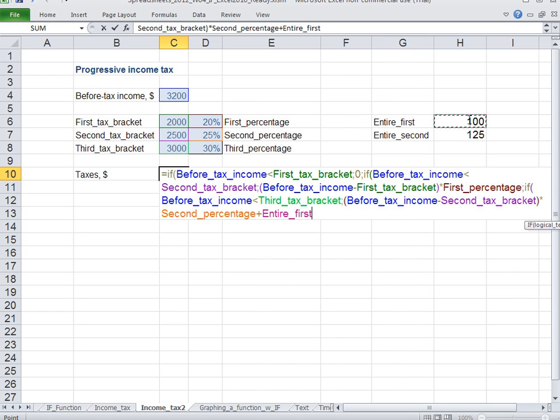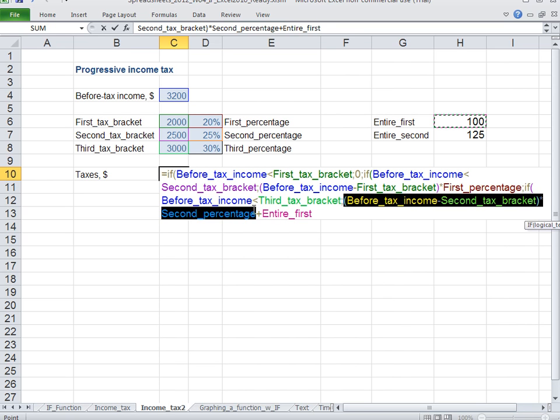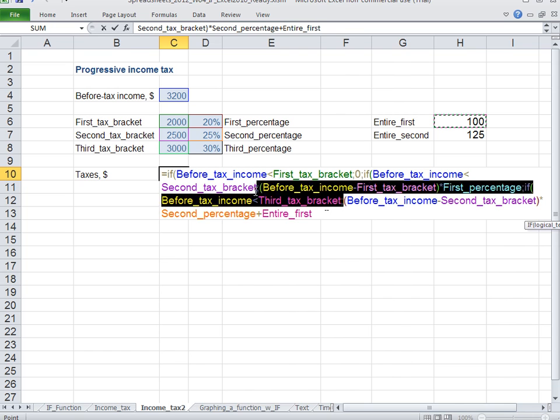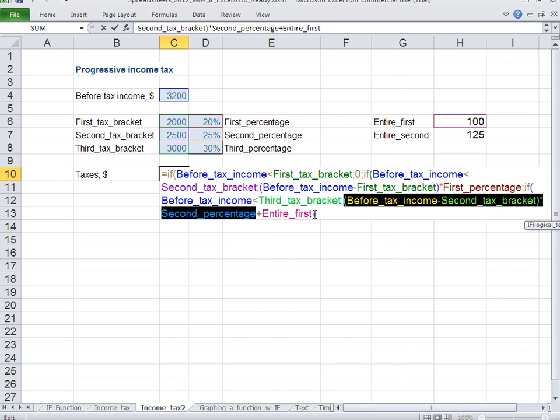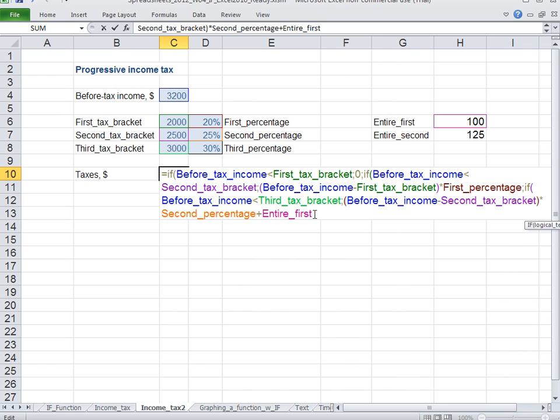We took the tax on the amount over 2,500. We gave a percentage to that. And this entire first was the tax on between 2,000 and 2,500. It was a 20% tax on that, so a different percentage than the higher bracket was taxed with.